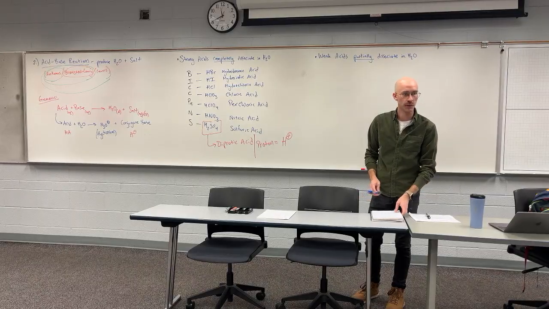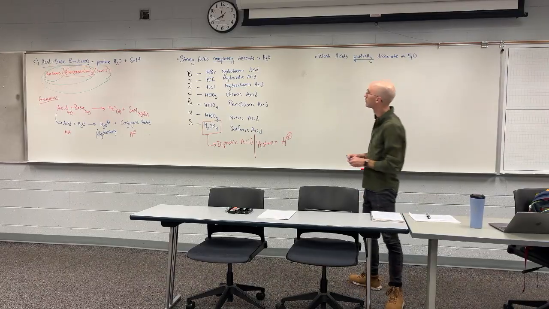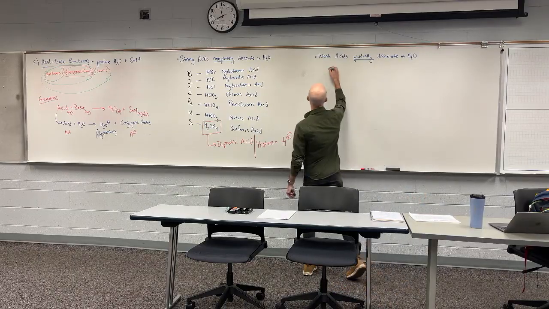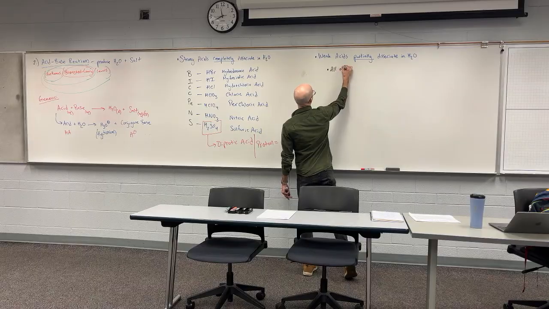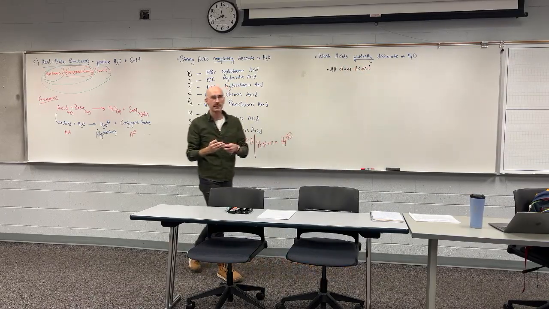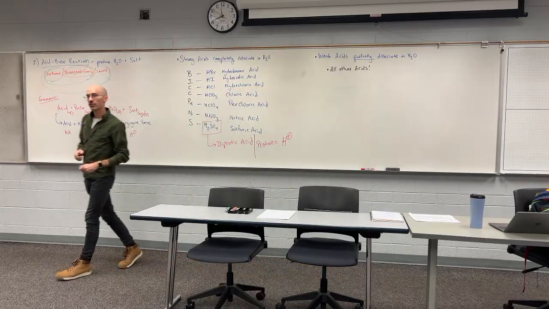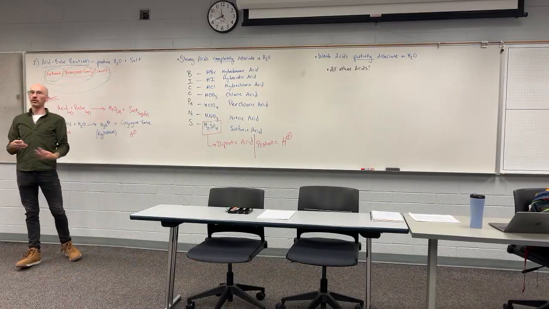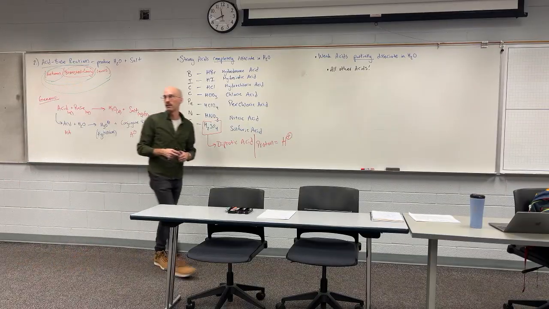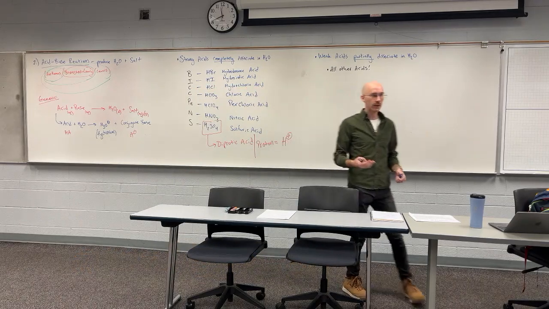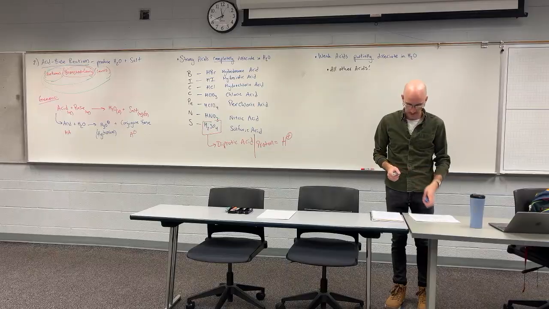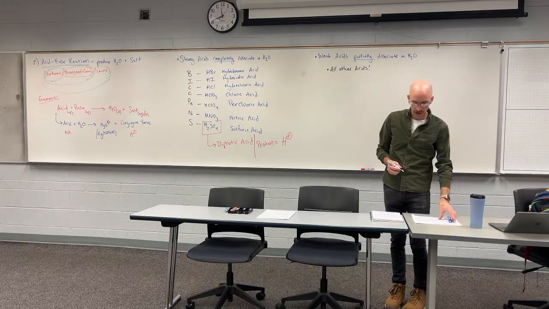Which of our acids are weak acids? All the others. Carbonic acid, nitrous acid, sulfurous acid, chlorous acid, hypochlorous acid, phosphoric acid, acetic acid. All of these are considered weak acids. We can actually even write this.